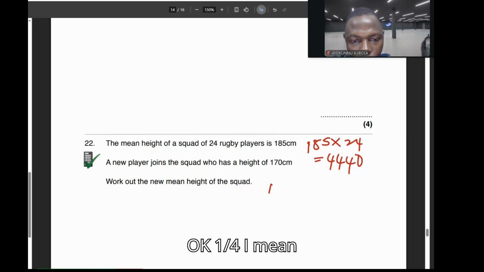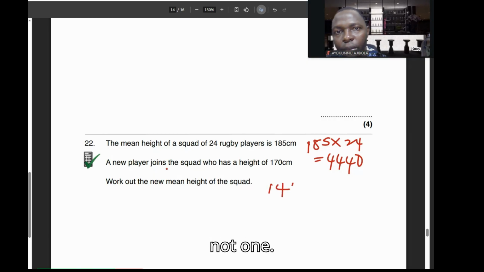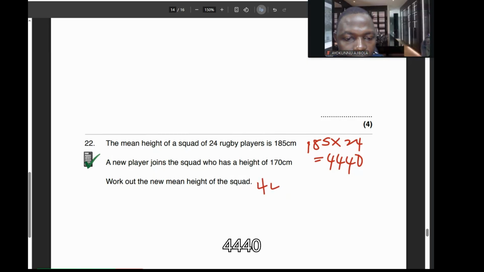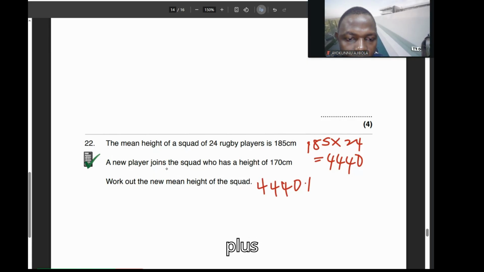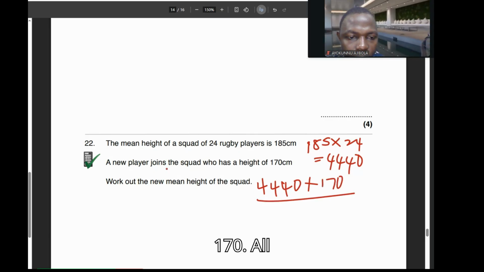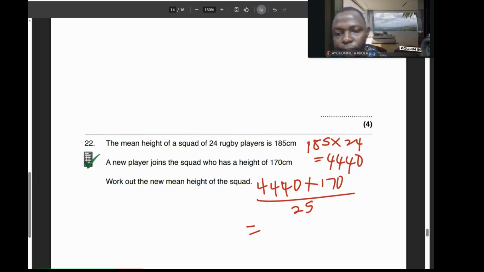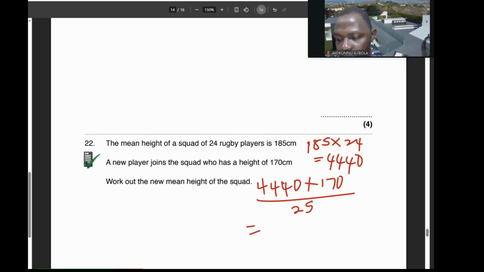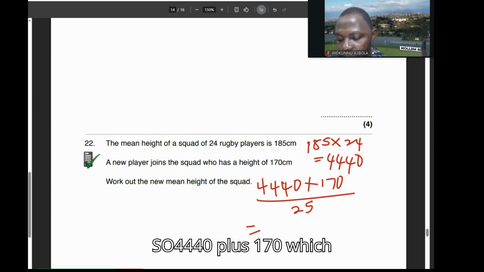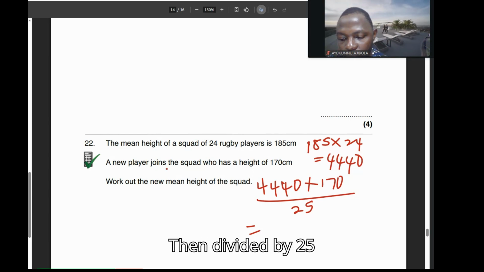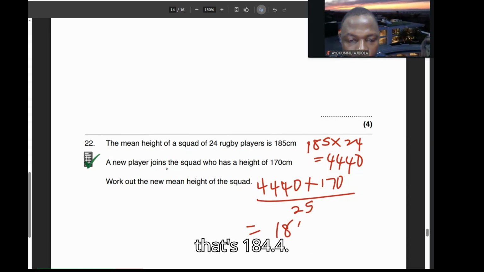Okay, 4440 plus 170 all over 25 because they're now 25. So 4440 plus 170, which is the new height, then divided by 25. That's 184.4.